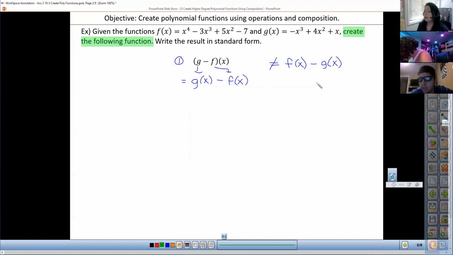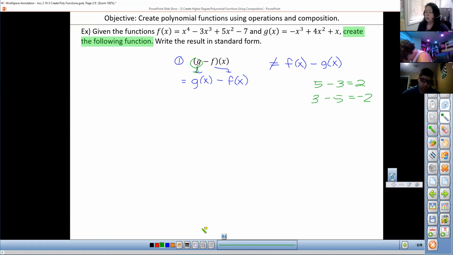For example, if I take 5 minus 3, I get positive 2. If I change the order and do 3 minus 5, I don't get the same answer. I get a negative 2. And so that means that the order in subtraction is super important. So whatever is written first, you have to put that function first.